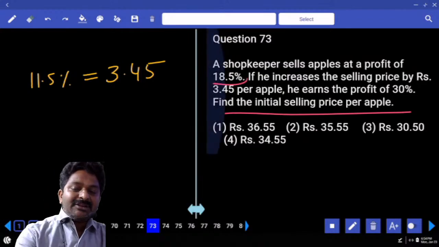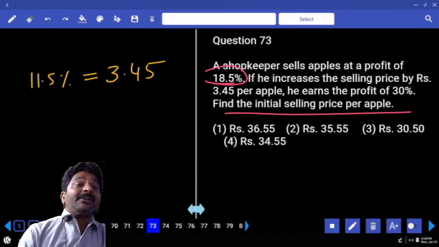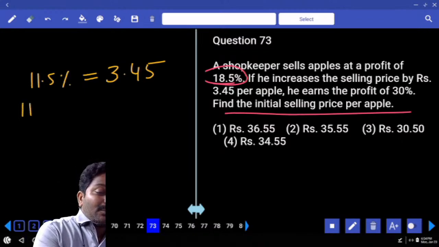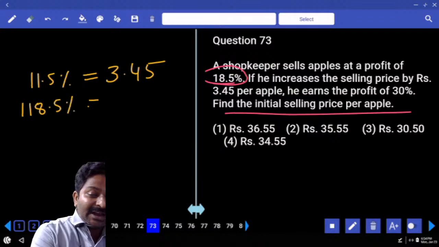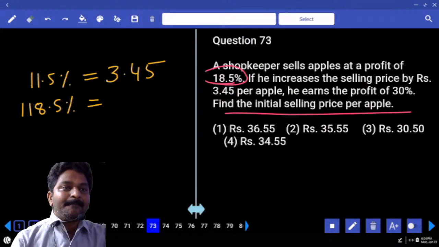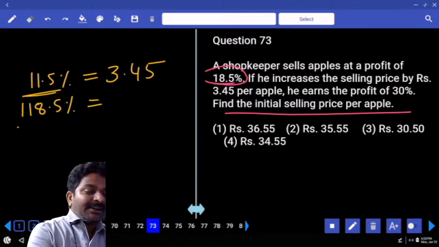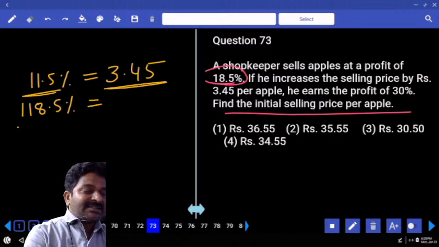Initial selling price, wherein he is getting a profit of 18.5%, must be equal to 118.5%, and that is equal to how much? Forget about the decimal. Treat it as 115, treat it as 3.45.